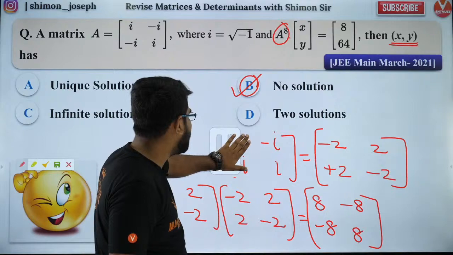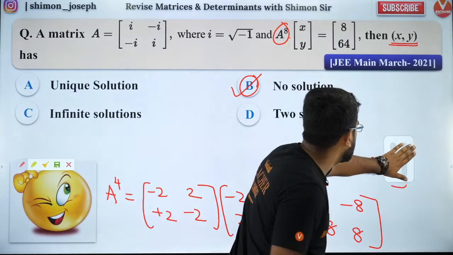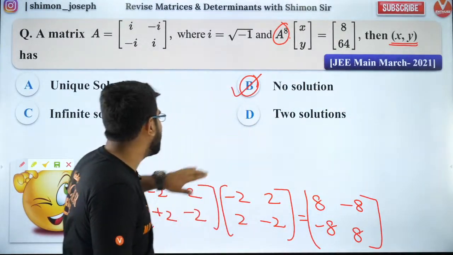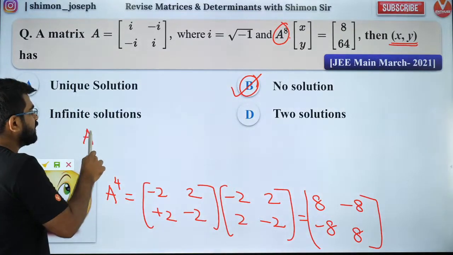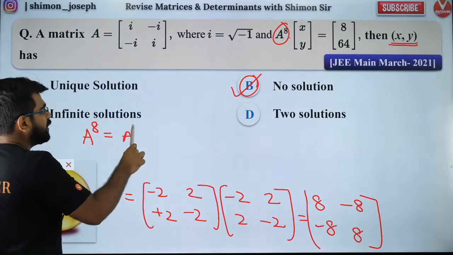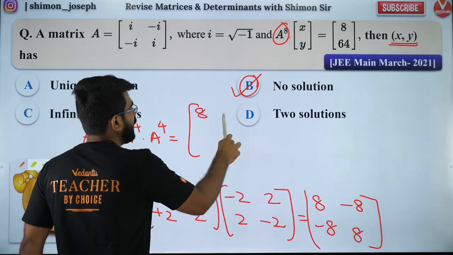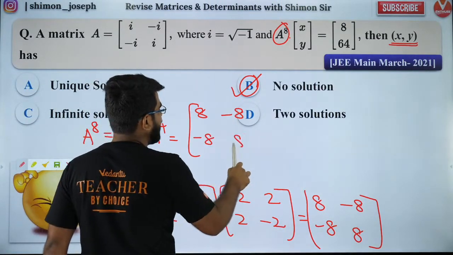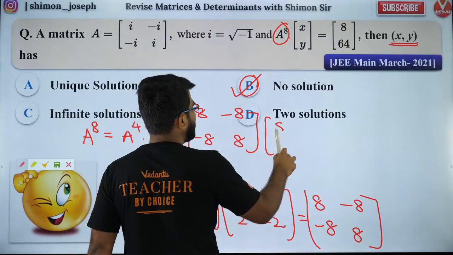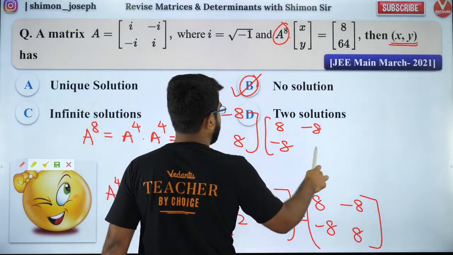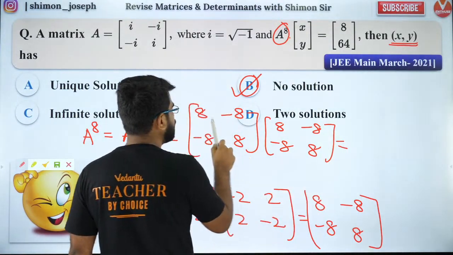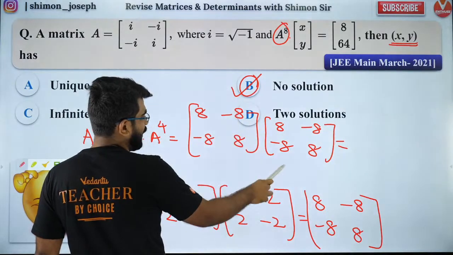Now I got A power 4. Finally, I'll have to get A power 8. So how do I get A power 8? A power 8, my dear students, is nothing but A power 4 into A power 4, which will be 8, -8, -8, 8 into 8, -8, -8, 8. So that will be equal to how much? 64 plus 64.